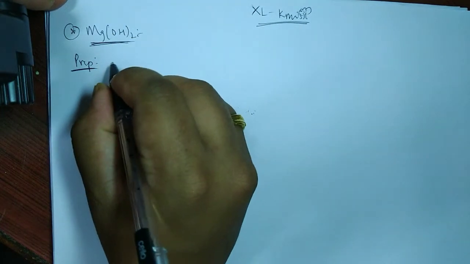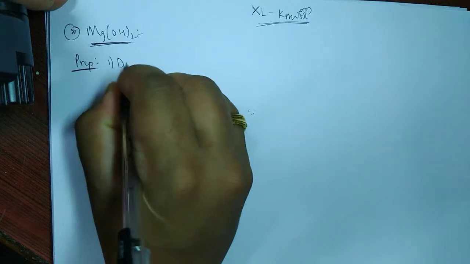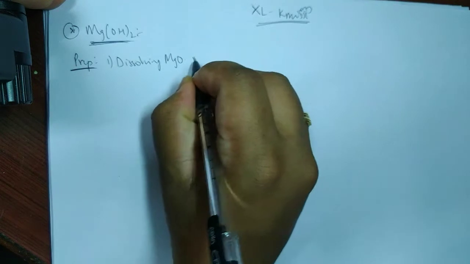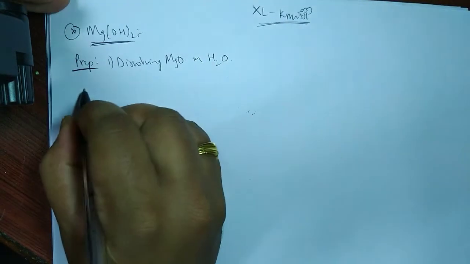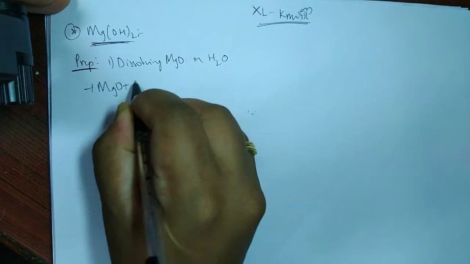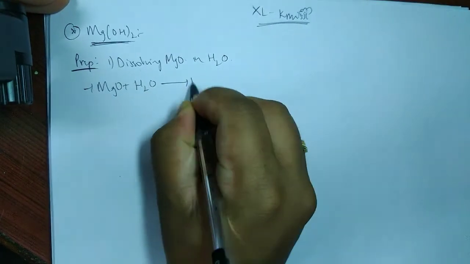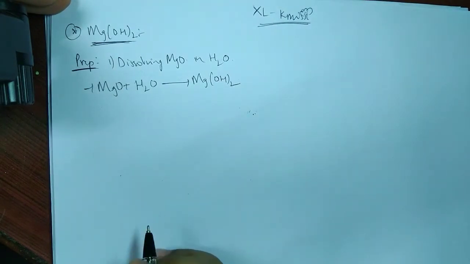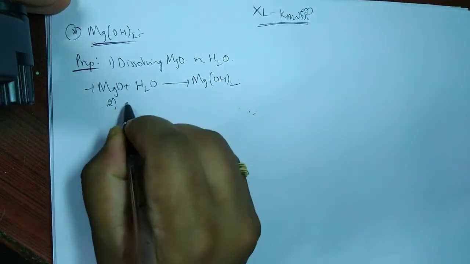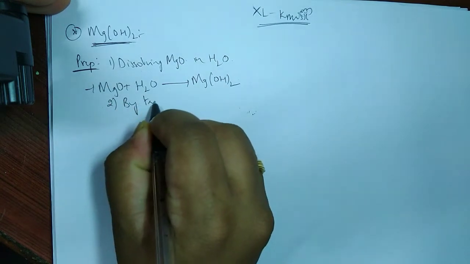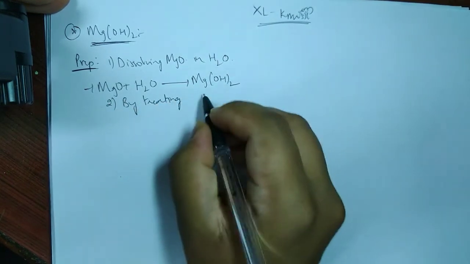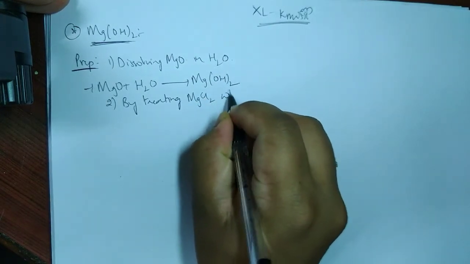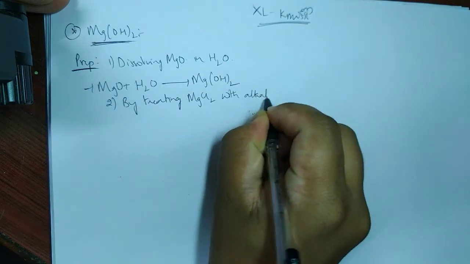Magnesium hydroxide is very easily prepared. The first method is by dissolving magnesium oxide in water. What happens? MgO plus H2O will form Mg(OH)2. Simple. One more method is by treating a salt of magnesium, that is magnesium chloride, with any alkali.